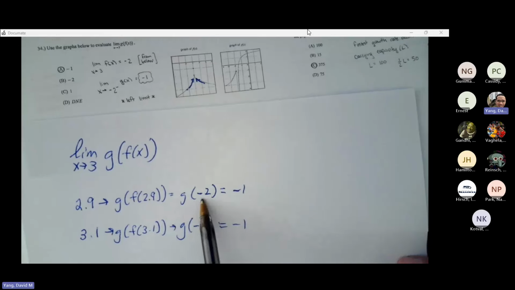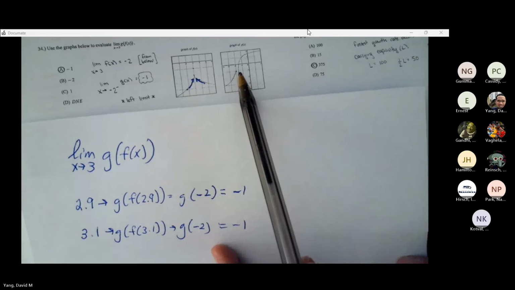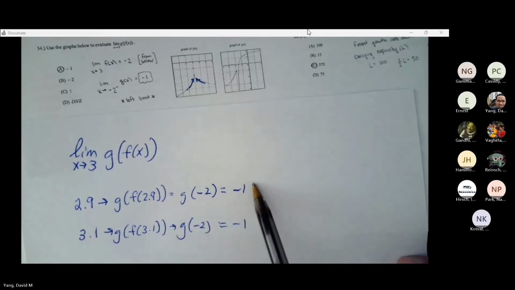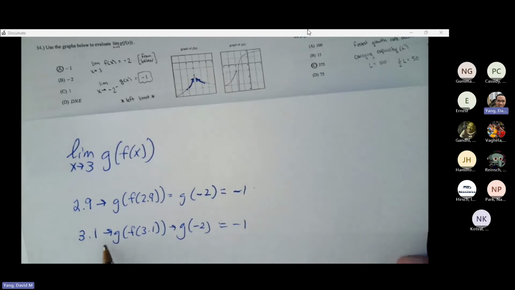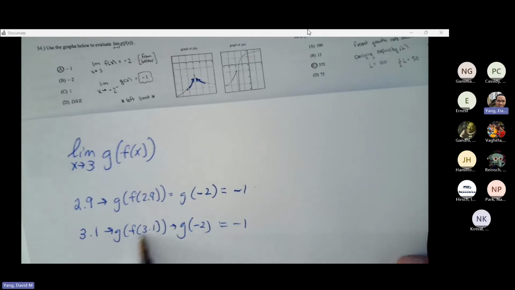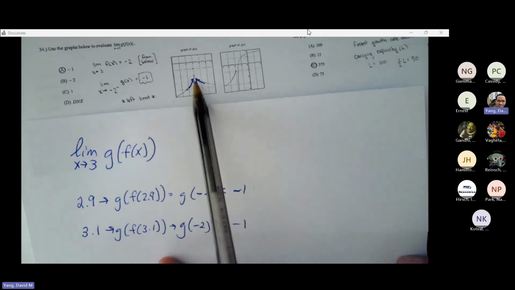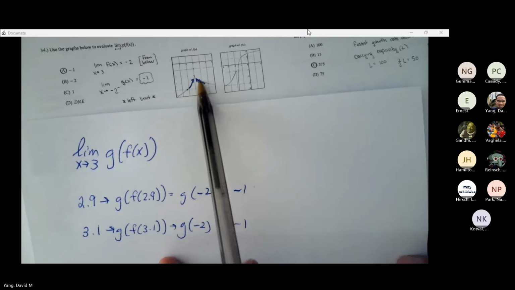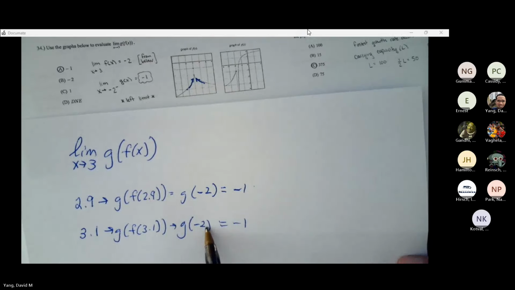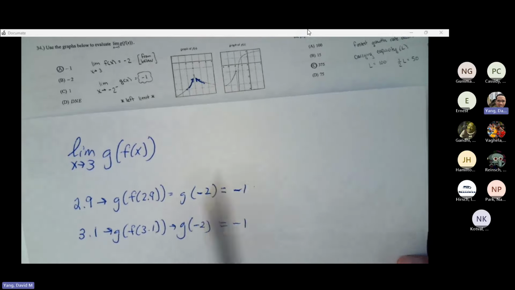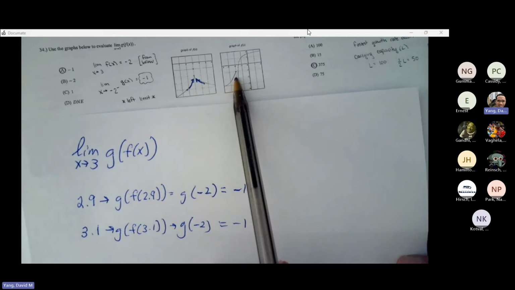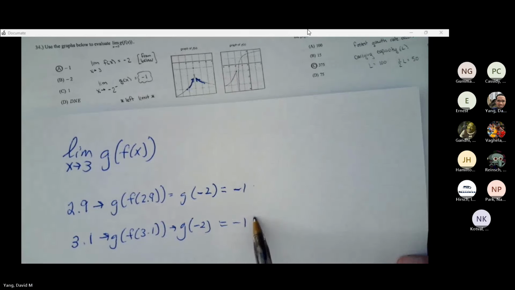So then g of -2 is equal to -1. But if I do 3.1, 3.001, 3.0001, f of all those values are getting closer towards -2 as well from the other side. And then g of -2 is also -1.